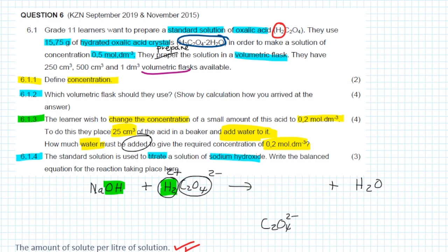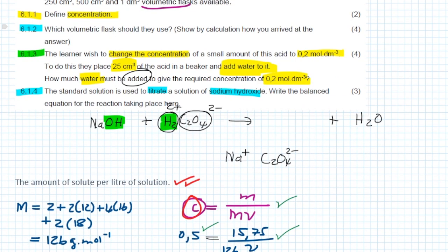The sodium, being in group 1, has a charge of positive 1. So that means we're going to need 2 sodiums to bond to the C2O4. And the salt is therefore Na2C2O4.